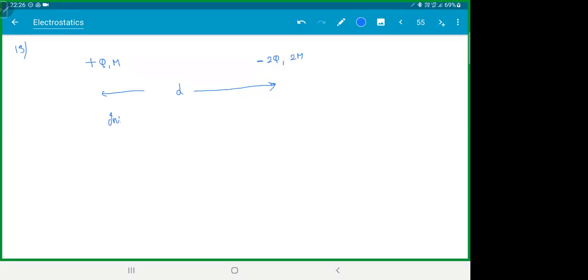They'll attract each other, right? Initially at rest and free to move. Find the speeds when the distance becomes half, and find the distance moved by the center of mass.